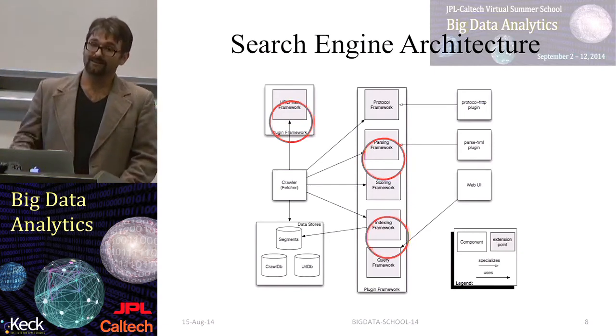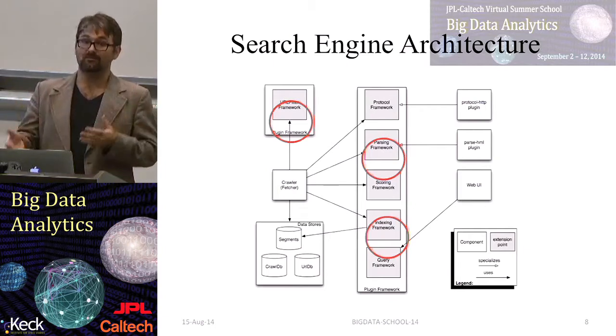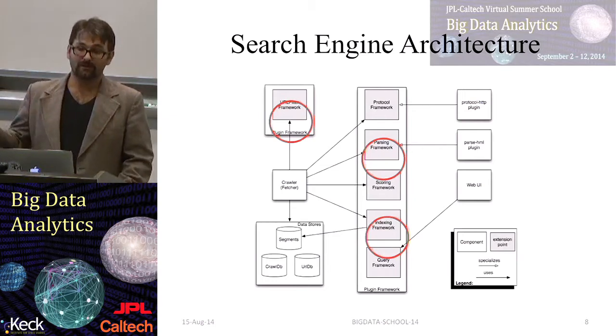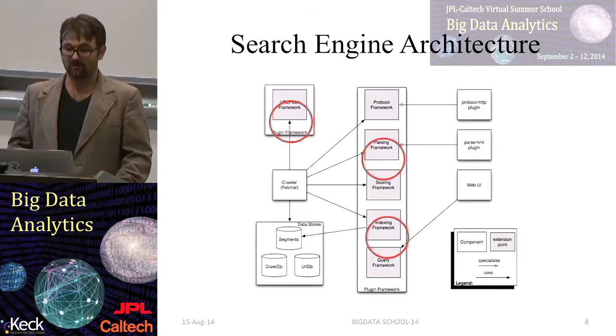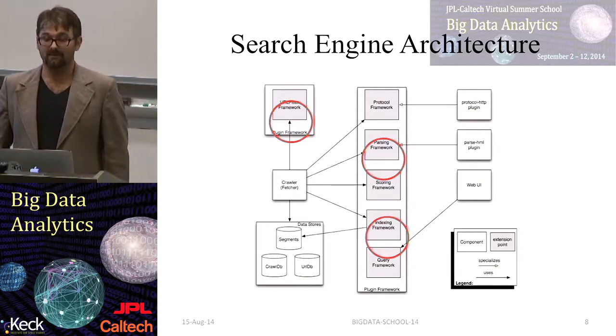They have ranking components that allow it to rank the results that come back from a particular query. And they have URL filtering frameworks to decide which URLs to go fetch and which to throw out and discard. So there are a number of places in the search engine architecture where content detection and analysis is important.